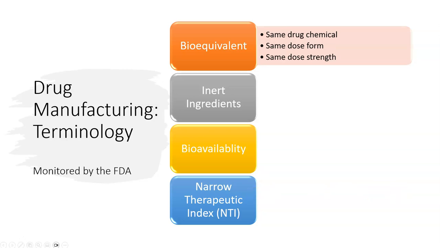Now, I like to talk about this in non-pharmaceutical terms. Think about chocolate chip cookies, right? Who doesn't like a chocolate chip cookie? There are lots of different brands, but they're all basically the same. They have flour, sugar, chocolate chips. Now let's think about some different chocolate chip cookies.